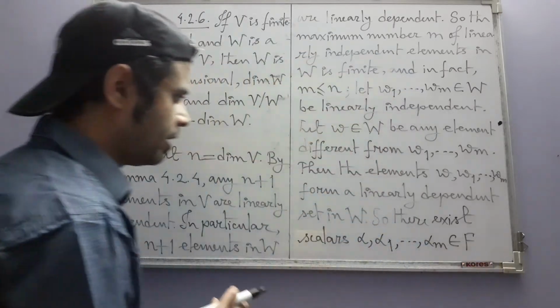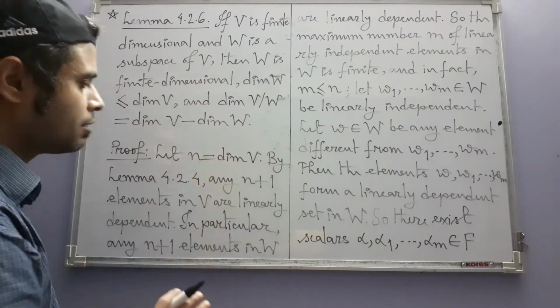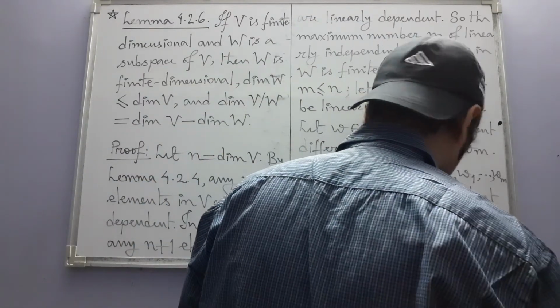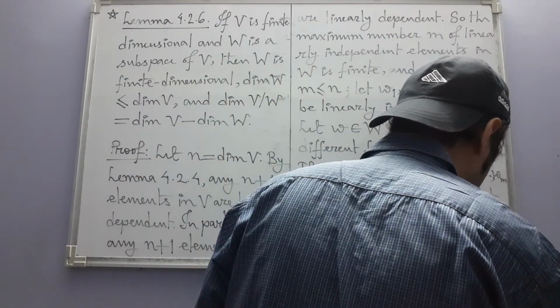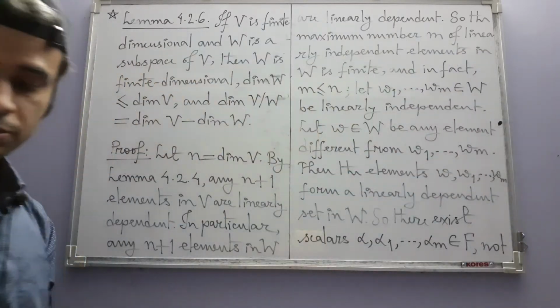F is the underlying field, which is not written here anywhere, but you understand it is the underlying field in the background.